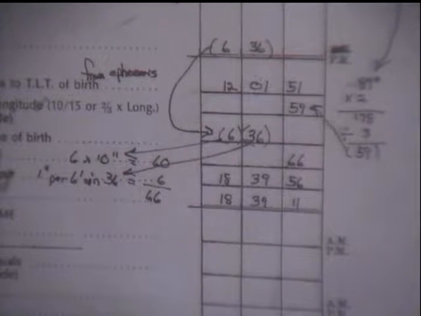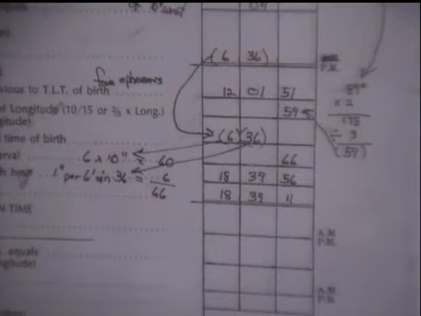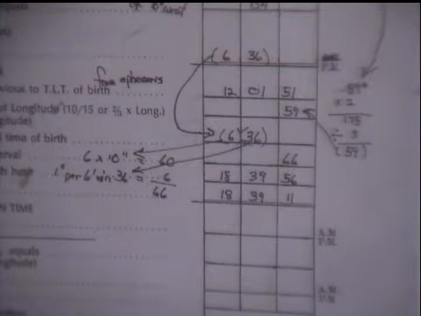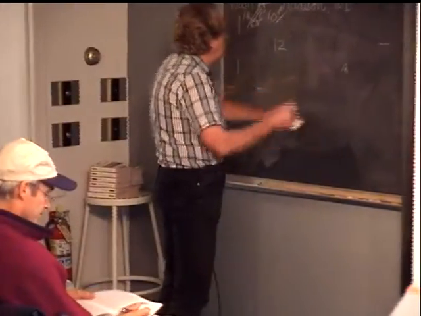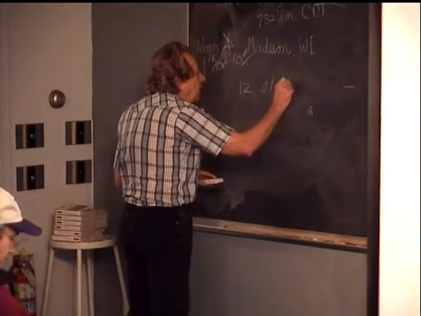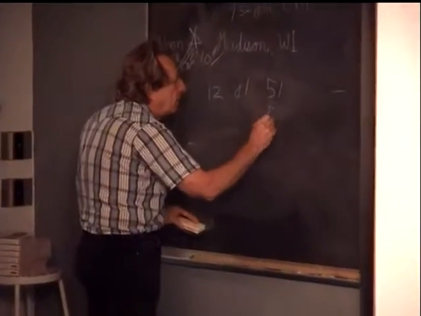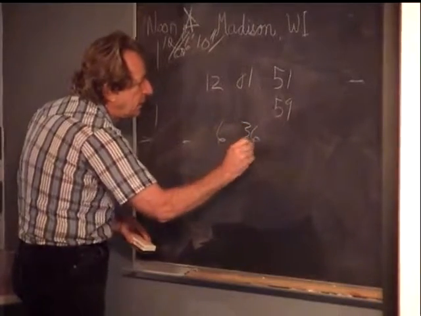All right. Let's tally it all up. We have 12:01:51. And then we have a 59-second correction. And then we have 6 hours and 36 minutes.